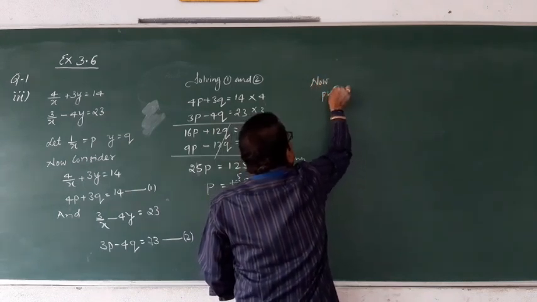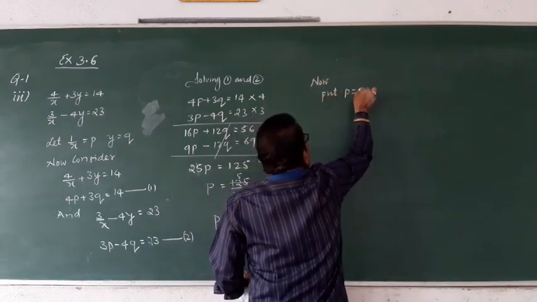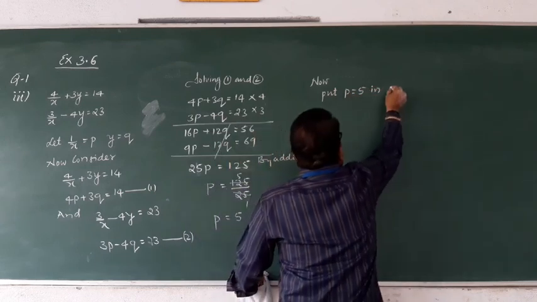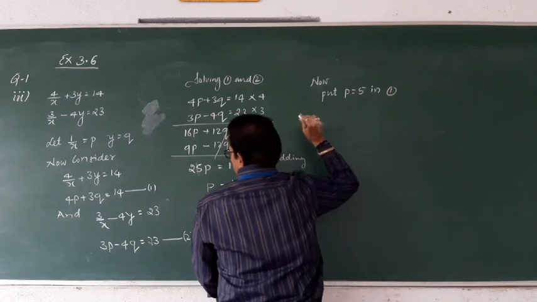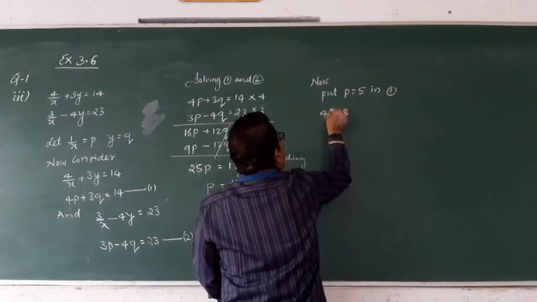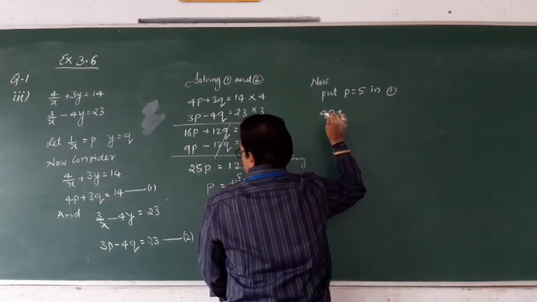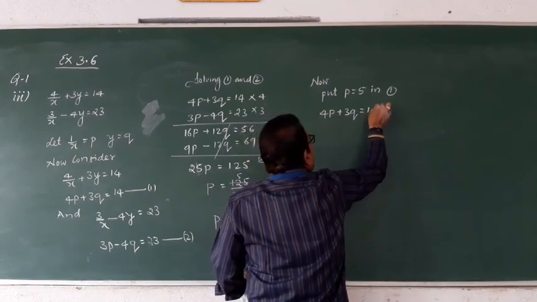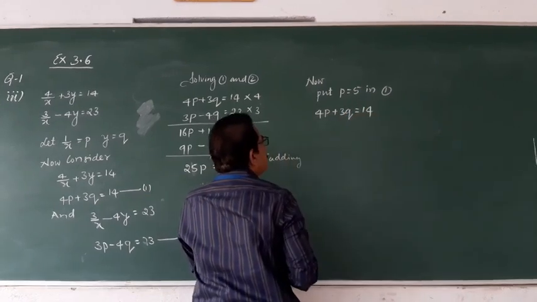Now put p equals to 5 in first equation. 4p plus 3q equals to 14.